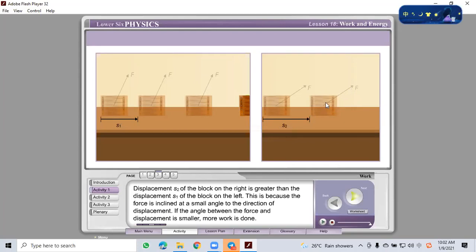So if this is the force F, the Fx will be greater because it is F cos theta. Cos of a smaller angle will be greater, so the horizontal component will be greater. So W equals Fs, and the work done will be higher.